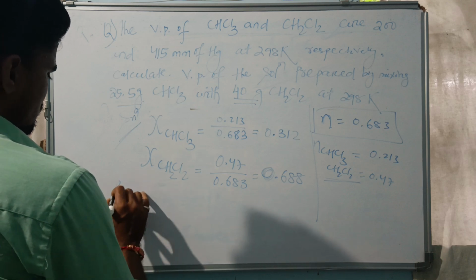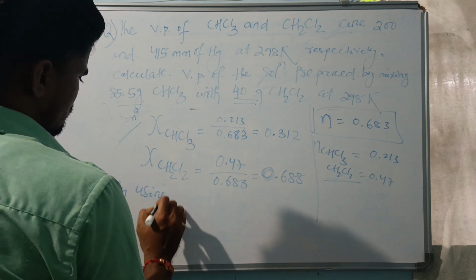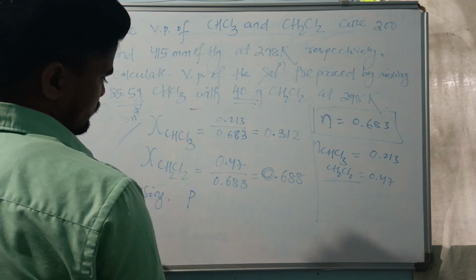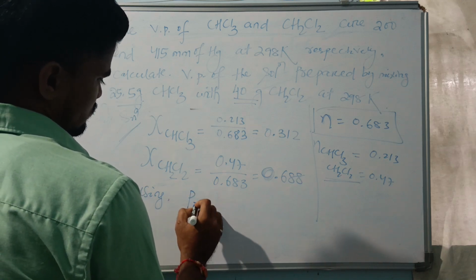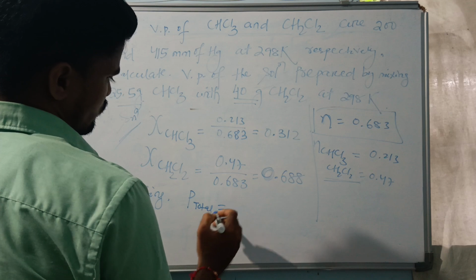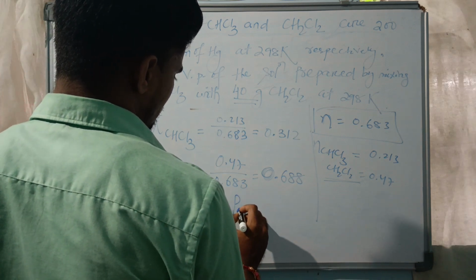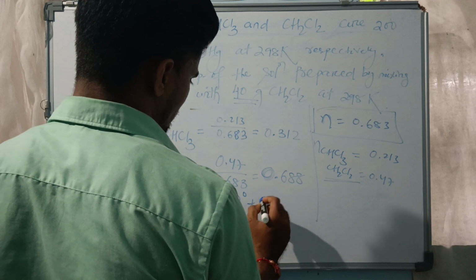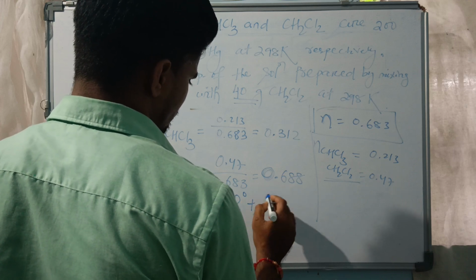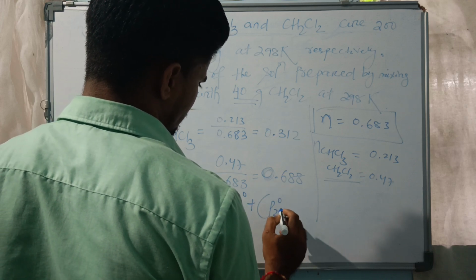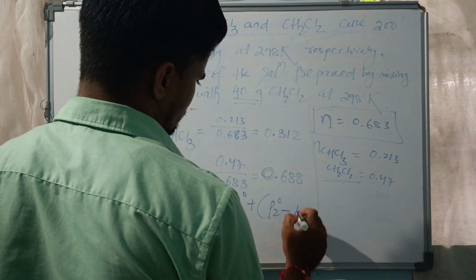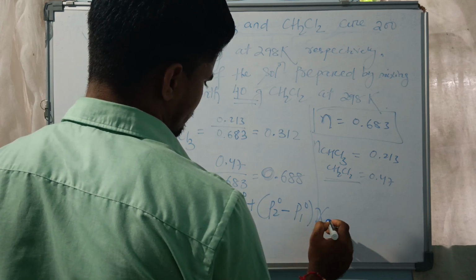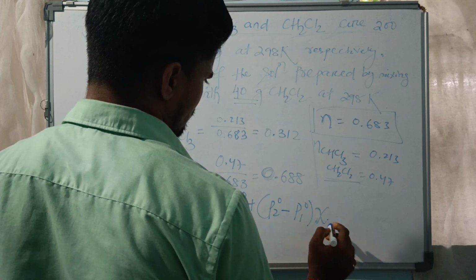Now by using Raoult's law, the equation is: total pressure PS is equal to P1 naught plus (P2 naught minus P1 naught) into chi 2.